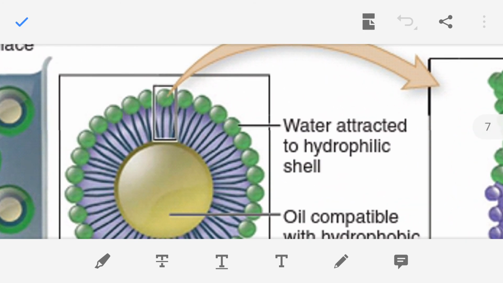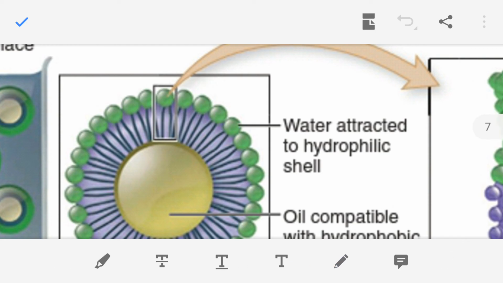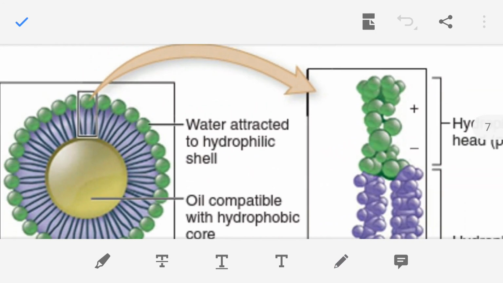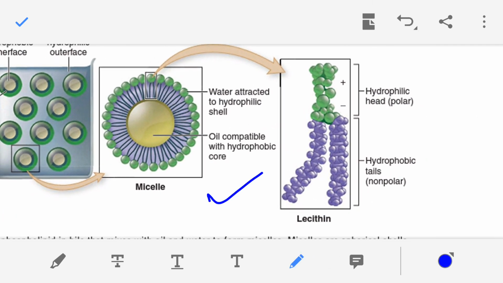So if we observe this closely, this green color is the head part, and this black color is the tail, head and tail. Now again we are zooming this. So this is the structure of lecithin, and this green color part, plus minus, that means polar region.